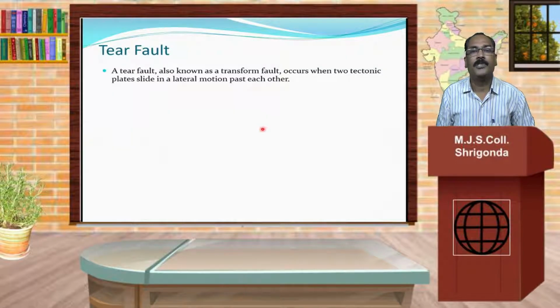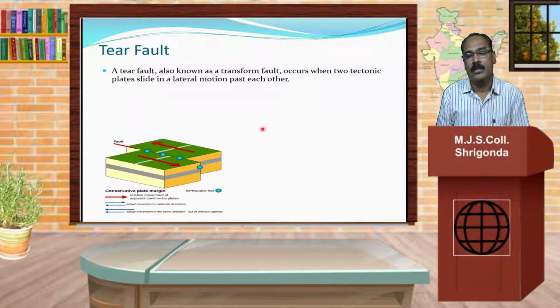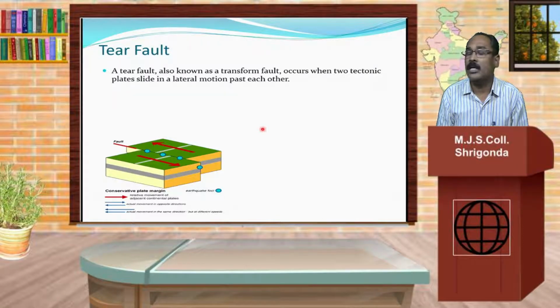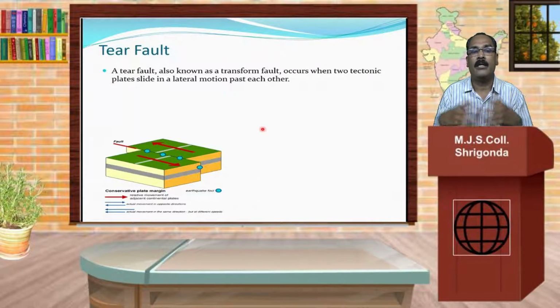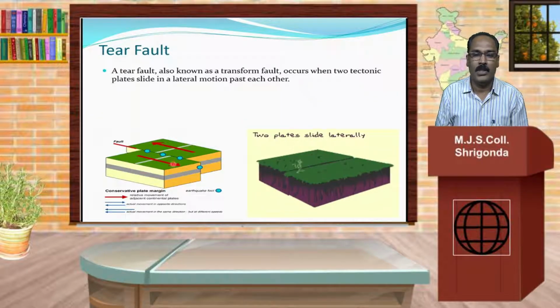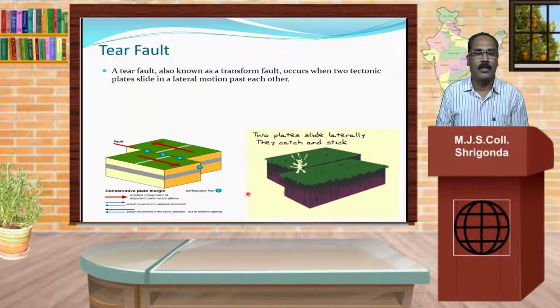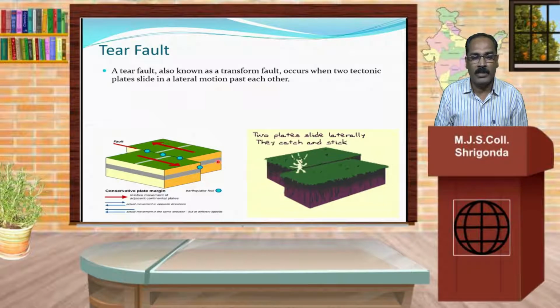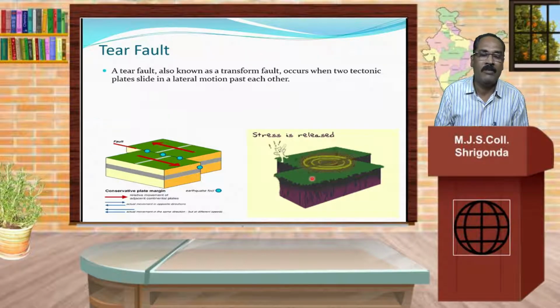Tear faults. Tear faults, also known as transform faults, occur when two tectonic plates slide in a lateral motion past each other. Here is the animation. Okay, these two plates, one plate diverges here and another plate diverges here.